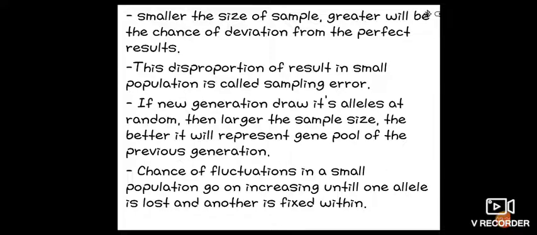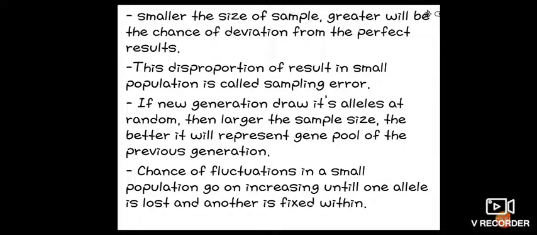This disproportion in the result, or the changes found in the population, we can simply call sampling error. If a new generation draws its alleles at random, then the larger the sample size, the better it will represent the gene pool of the previous generation.